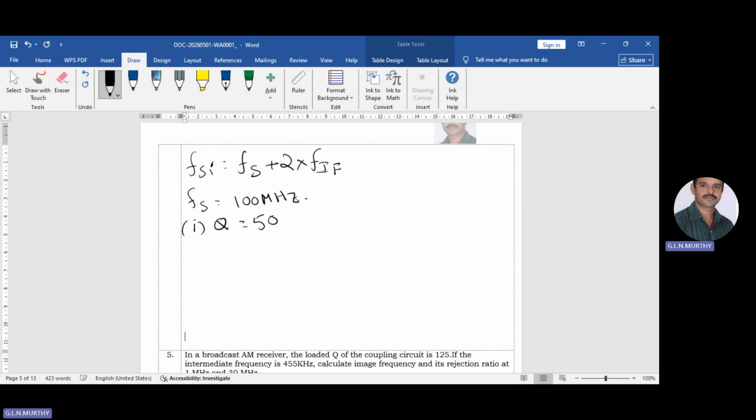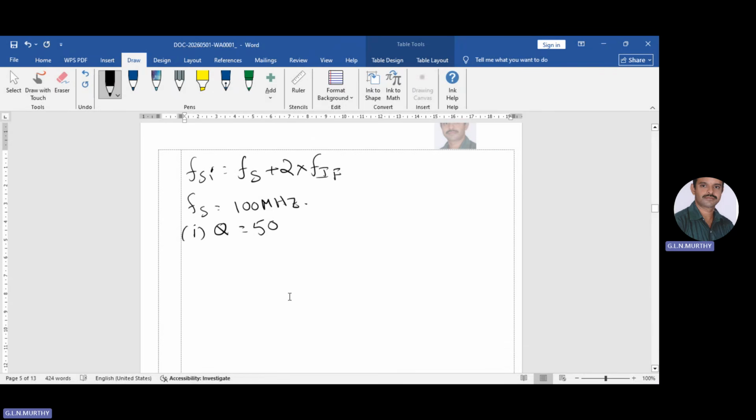What is asked? The image frequency rejection ratio. Before that, let us estimate the image signal frequency. The expression is Fs plus 2 into F-IF. Fs is 100 megahertz.